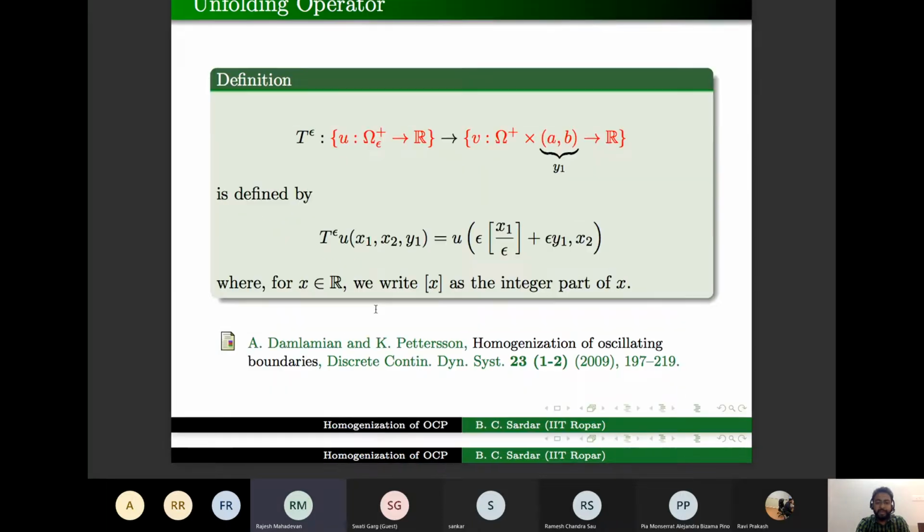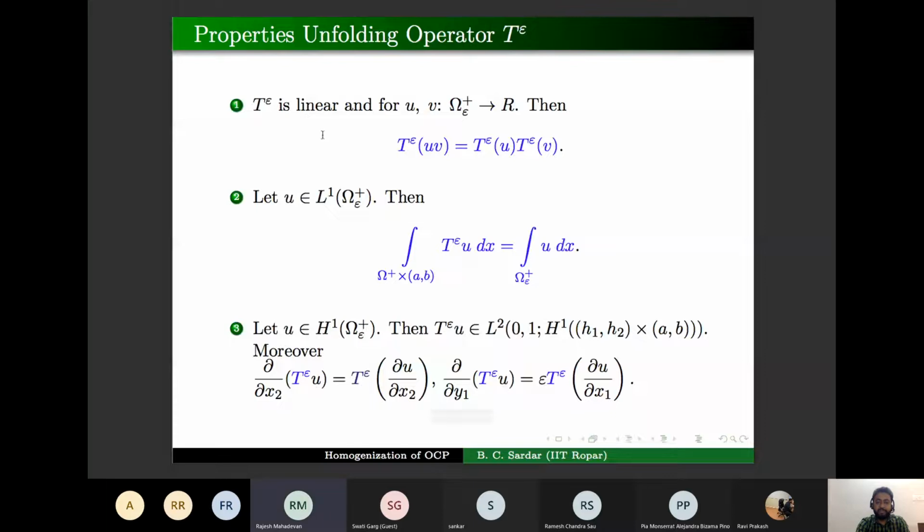And this unfolding operator has interesting properties. The unfolding operator T epsilon is linear, and it preserves multiplication: T epsilon of UV is T epsilon of U times T epsilon of V. And for any function U in the oscillating part, under unfolding we have this integral equality, which we are going to use extensively.